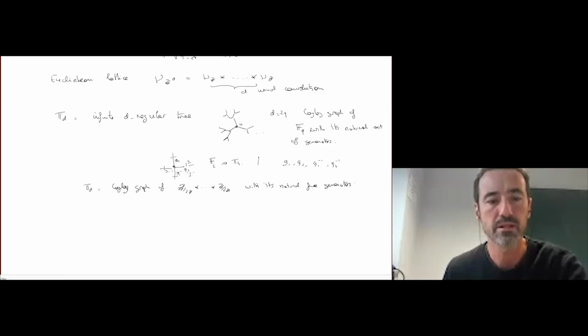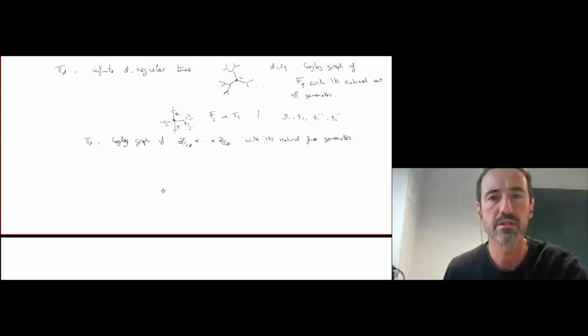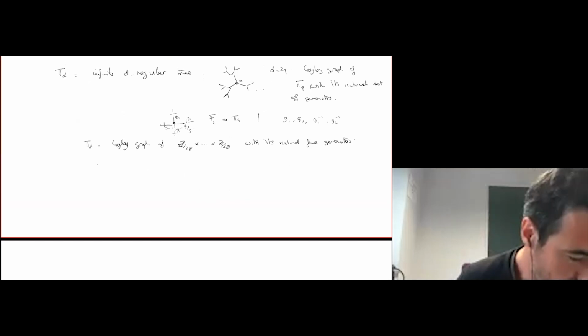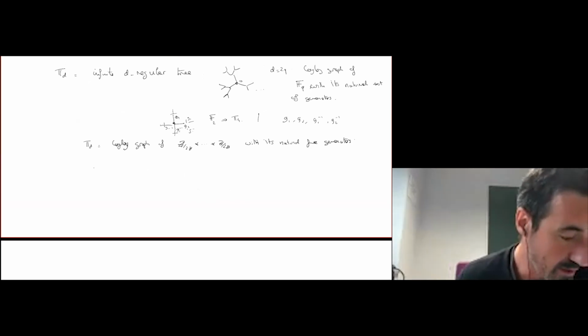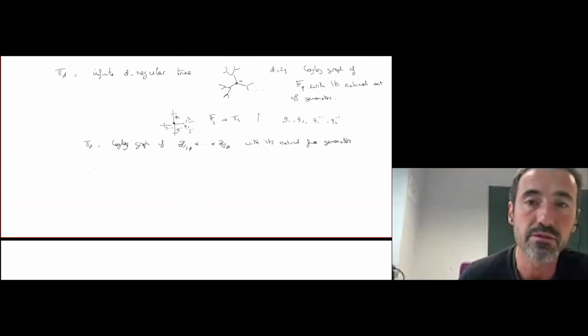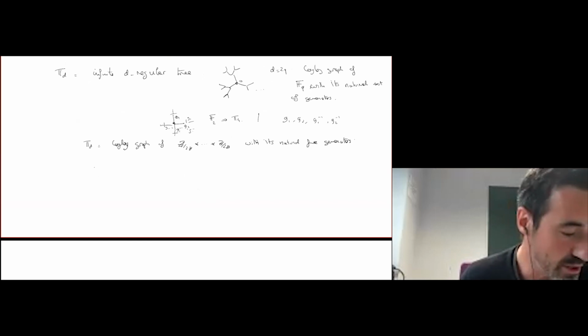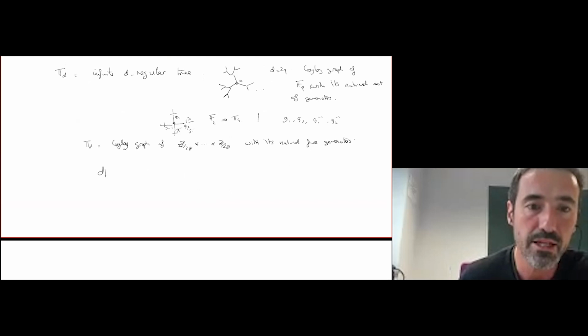So T_d, the infinite d-regular tree, is an infinite transitive graph where you can explicitly compute the spectral measure.